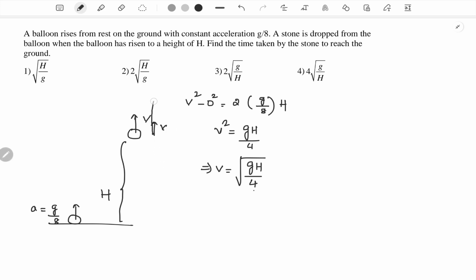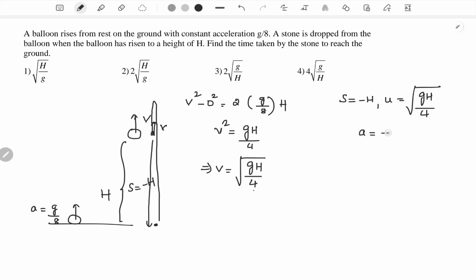It basically goes up and comes down. So this is the initial point, and this is the final point where it would touch the ground. So this is the displacement. When it reaches the ground, its displacement would be equal to minus h. The initial velocity of the stone just after dropping is root of gh by 4, and once the stone is released, it would fall under the influence of gravity.